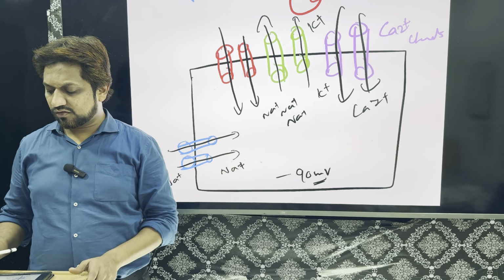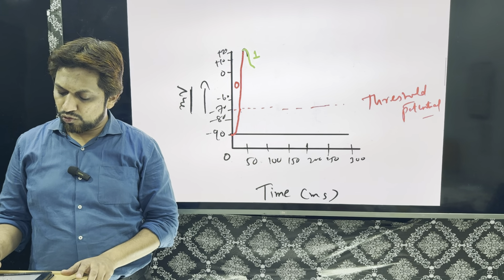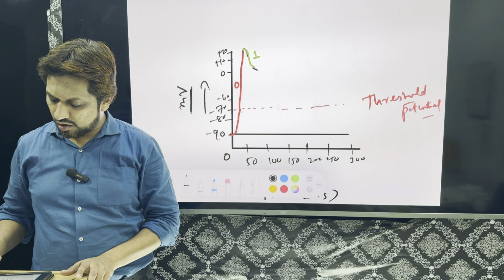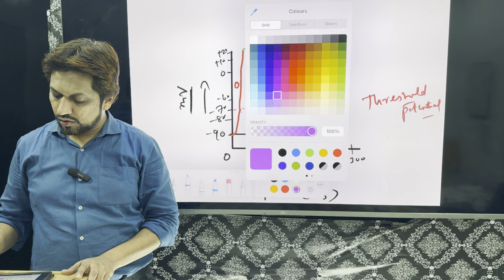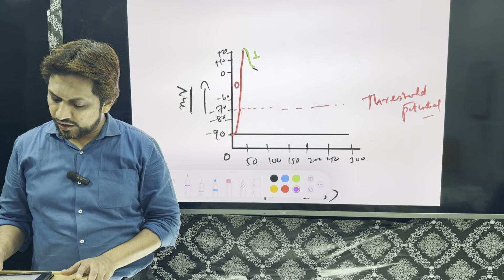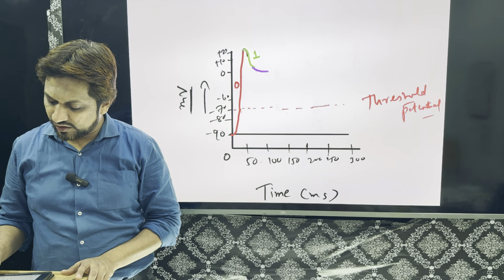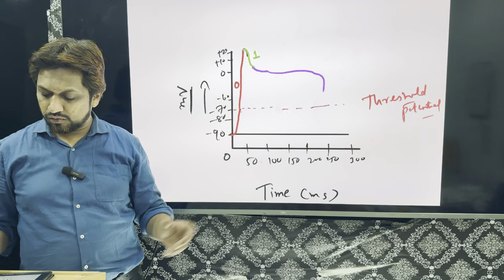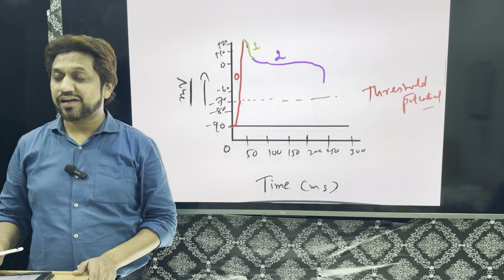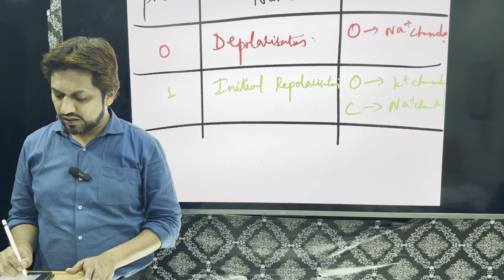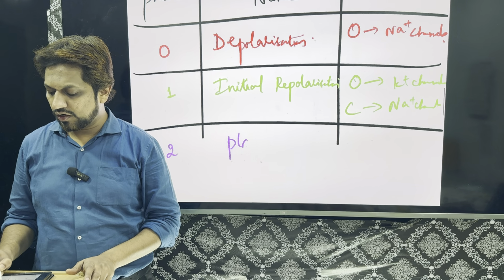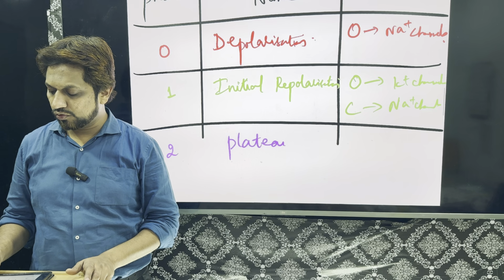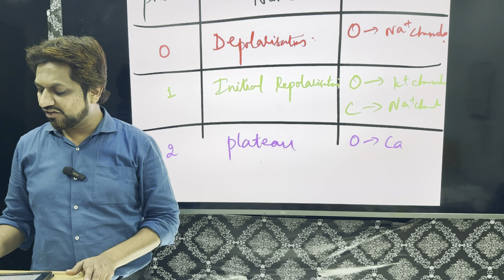These channels stay open for a longer duration, around 150 to 200 milliseconds. This phase is known as phase 2 or the plateau phase. Again it is due to the opening of the calcium channels.